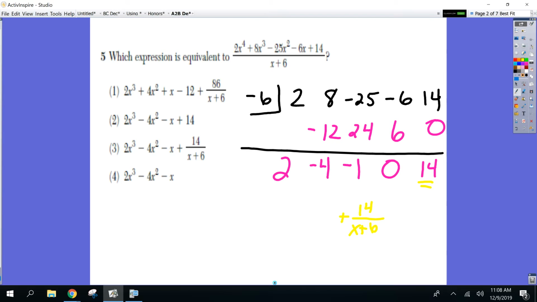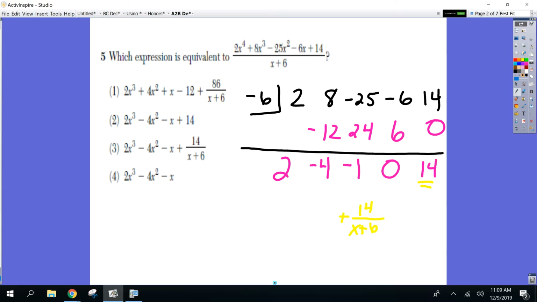I don't know. I'll have to look. If there wasn't a negative 6x or a 14, you don't go all the way down to x to the 1, so you have to put a 0 there.